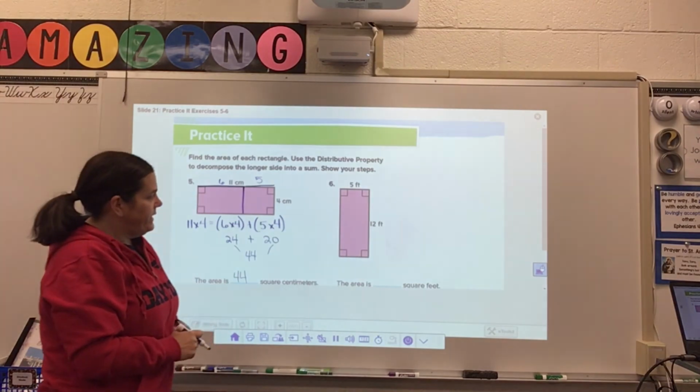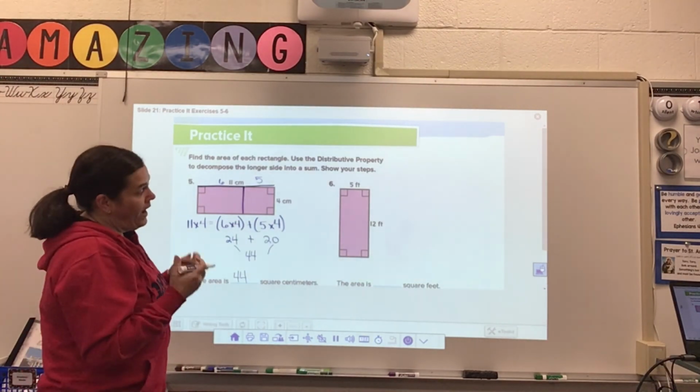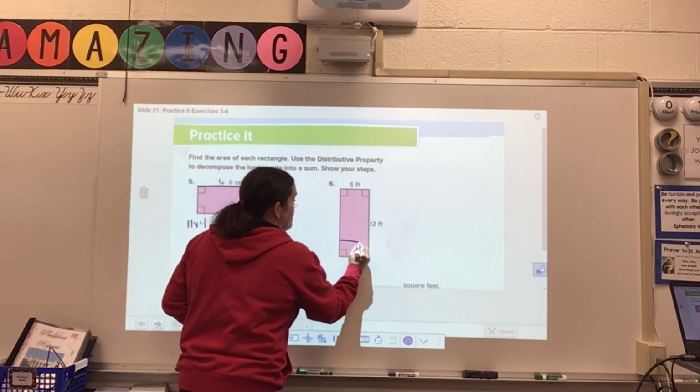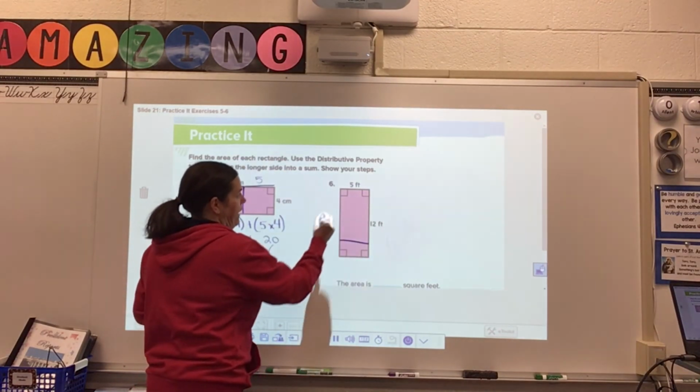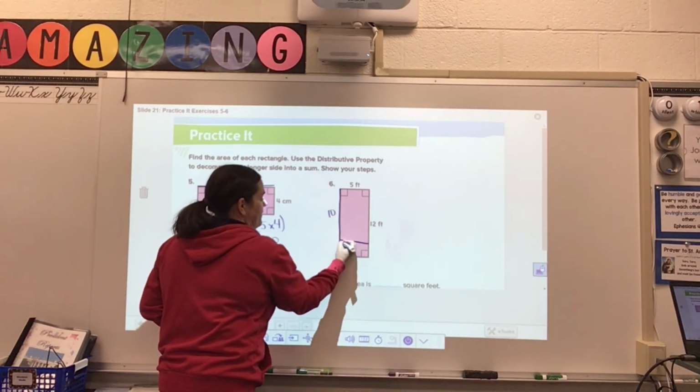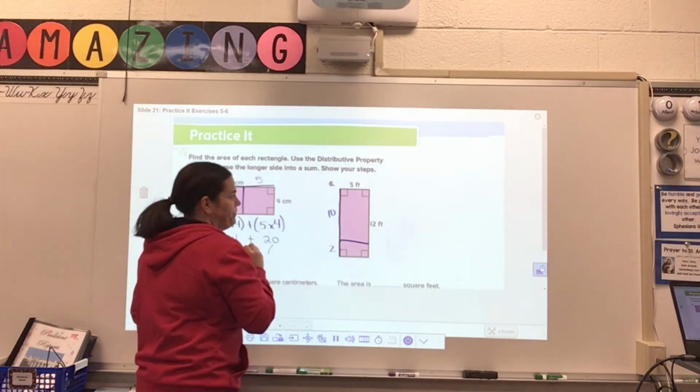For number 6, we need to decompose the 12. I'm going to make things really easy for myself because I know my 10s really well and I know my 2s really well. So this length is going to be 10 and this length is going to be 2.